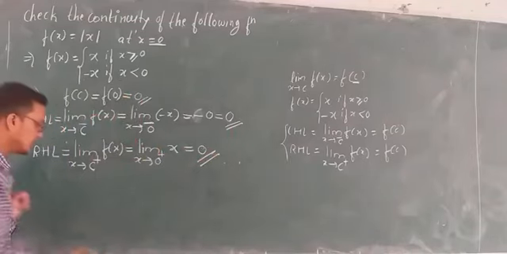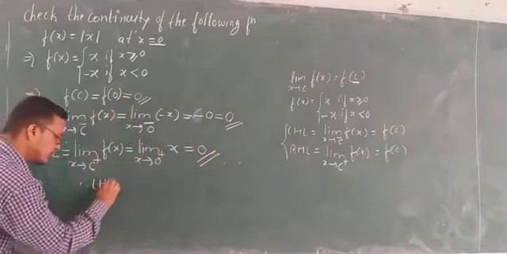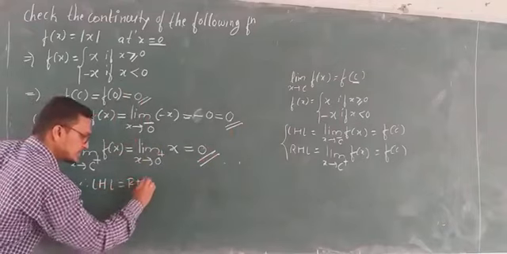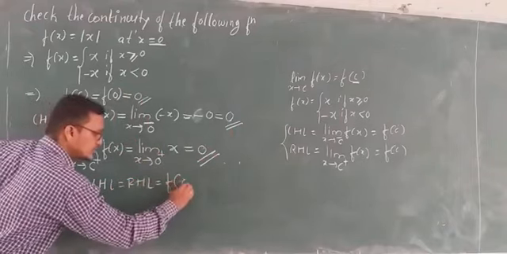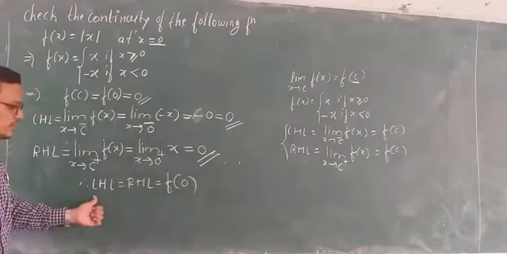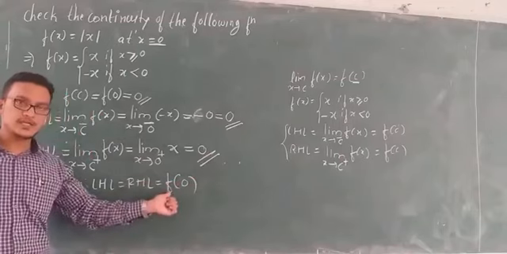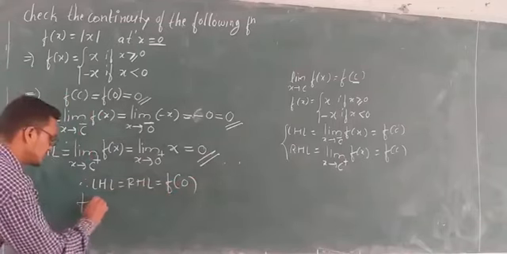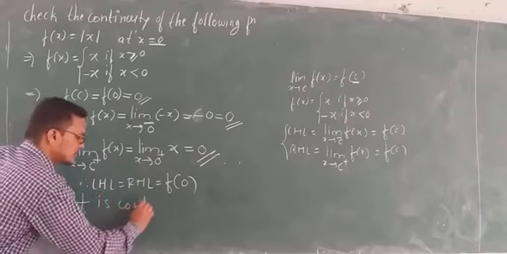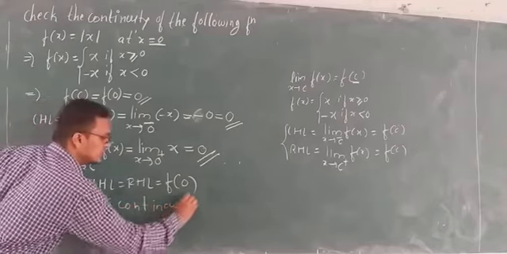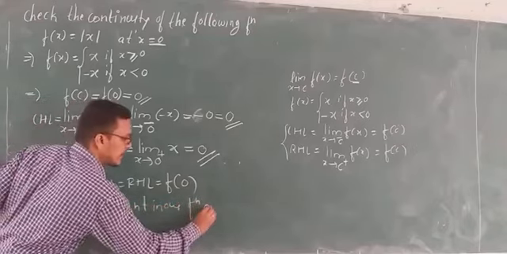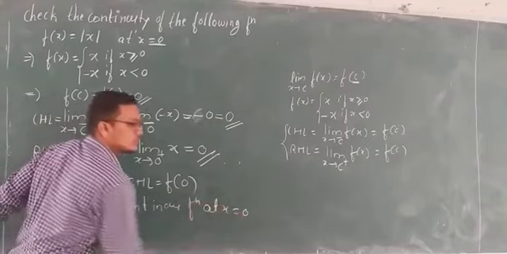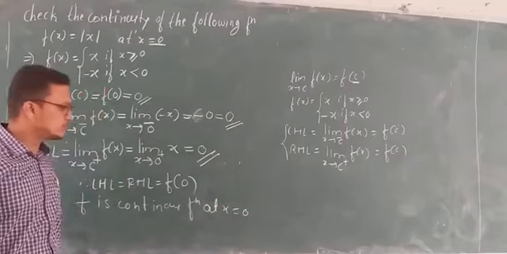So I will conclude, therefore LHL is equal to RHL is equal to f of 0. So when all the three terms are equal, then our conclusion is f is continuous function at x equals 0.